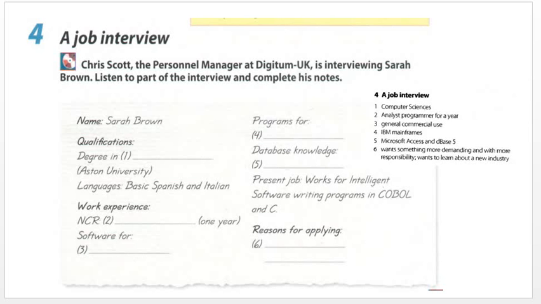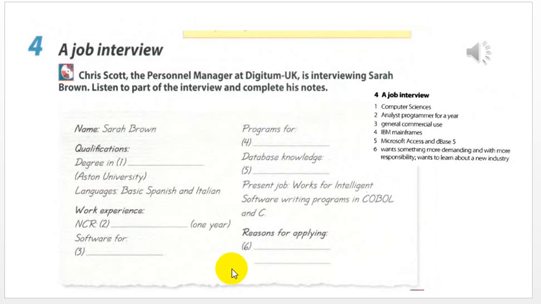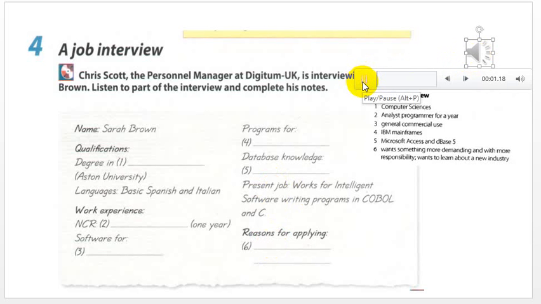You can click on this loudspeaker sign and listen to the listening section and answer these fill in the blanks. Number 1, number 2, number 3, number 4, number 5, number 6. Please listen very carefully. Unit 26, Task 4.